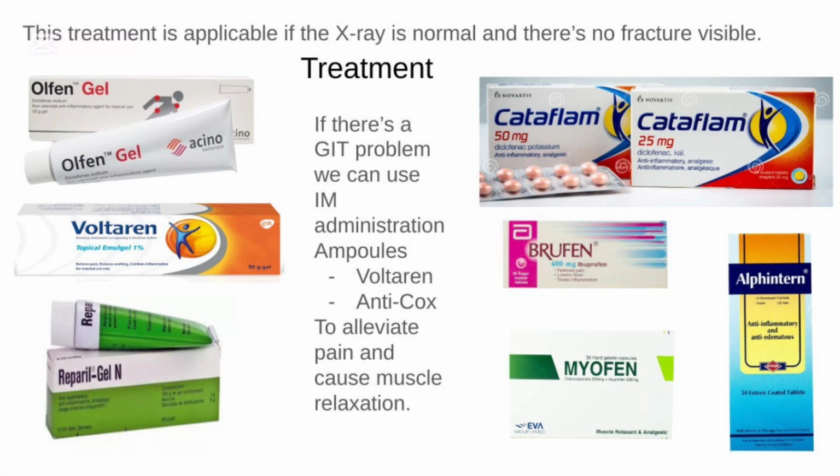The following treatment is given only if the X-ray is normal. However, if the X-ray detects any type of fracture, the patient has to be referred to the orthopedic specialist or the orthopedic clinic for reduction and fixation of the limb for complete recovery.